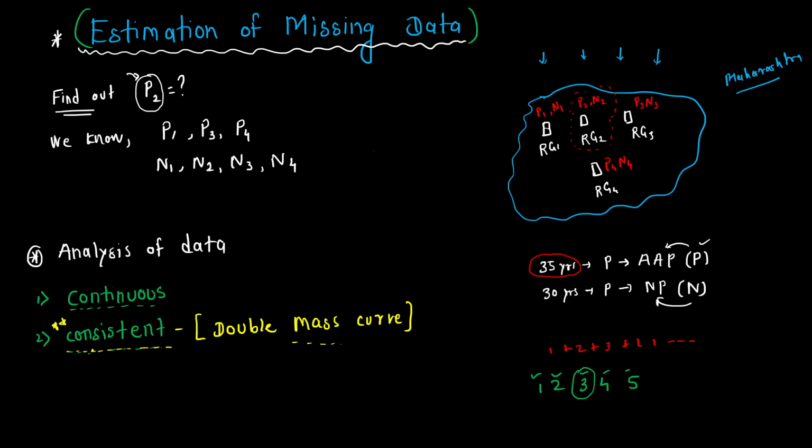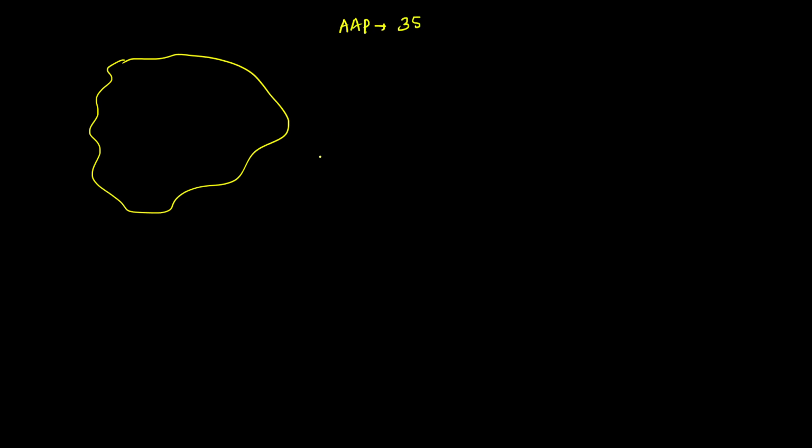Okay. So now what is the meaning of consistent? I hope you understood the continuous meaning. Let's say that this is one initial area. As time passes, for calculating average annual precipitation, how many years are required? Previous 35 years are required. So in the starting of this 35 years, that is 35 years ago, let's say there was only forest here. But after 20-30 years there may be a road going through this area.